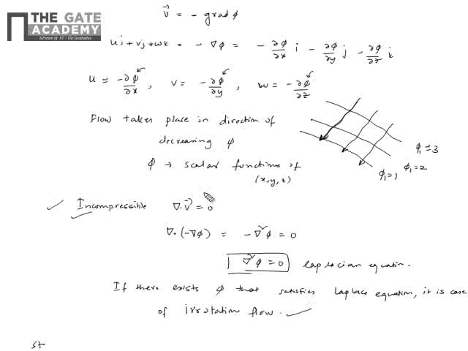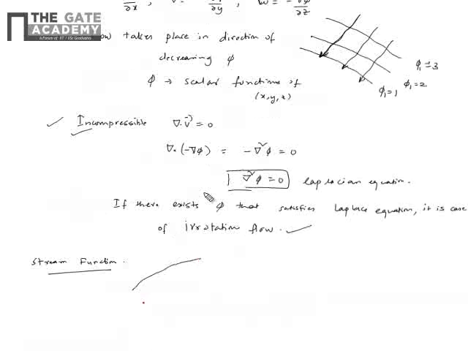Now let's come to another important thing called the stream function. We've already seen what a streamline is. A streamline is nothing but an imaginary curve where the tangent to the curve is the velocity vector. If you build imaginary curves in the flow pattern such that the tangent at any point gives you the velocity vector, those are your streamlines.